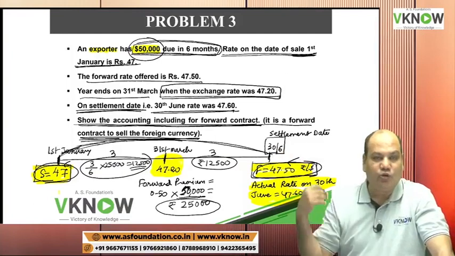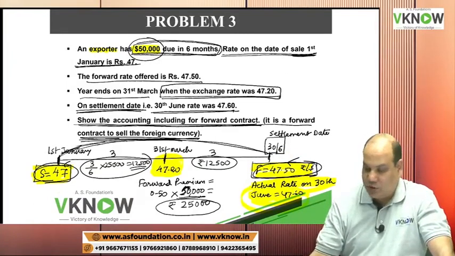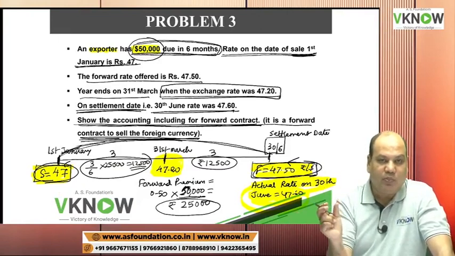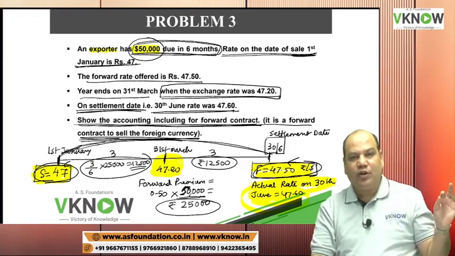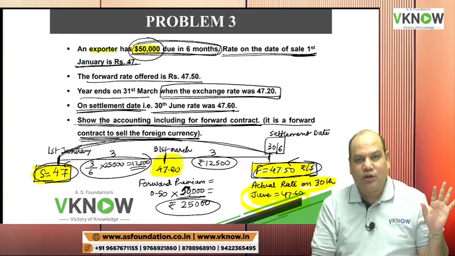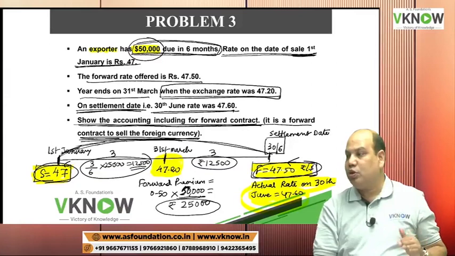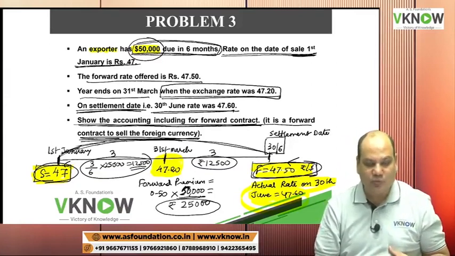And when the debtor makes the payment on 30th June, you are going to receive the amount paid by debtors, $50,000 into 47.60. Is it right? So that is why you are given the exchange rate on 31st March and also on 30th June, because we have to simultaneously apply AS-11 in my books of account.